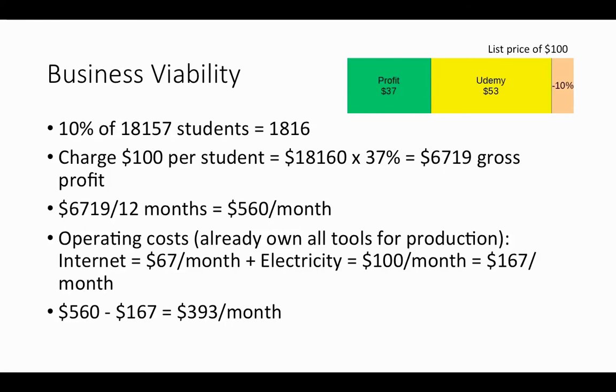So factoring that in, I'm looking at about $393 per month, and that's with selling one single course at $100 and capturing about 10% of the current student customer base. So extremely conservative, but at the same time I can definitely make at least a little bit of money even with one single course for an entire year.